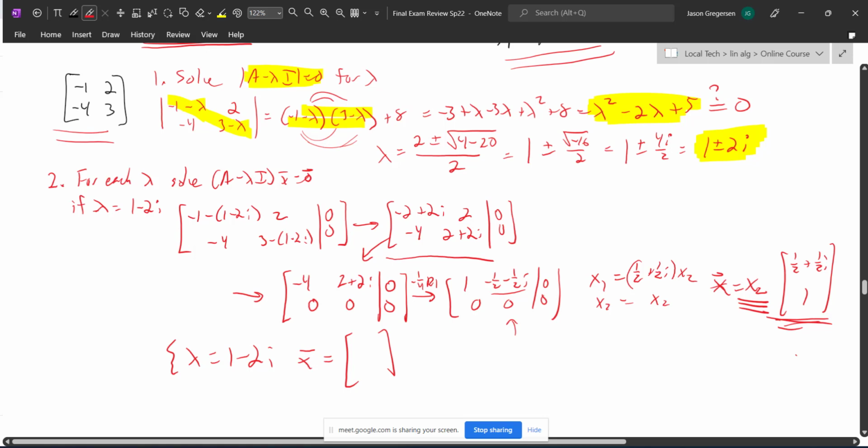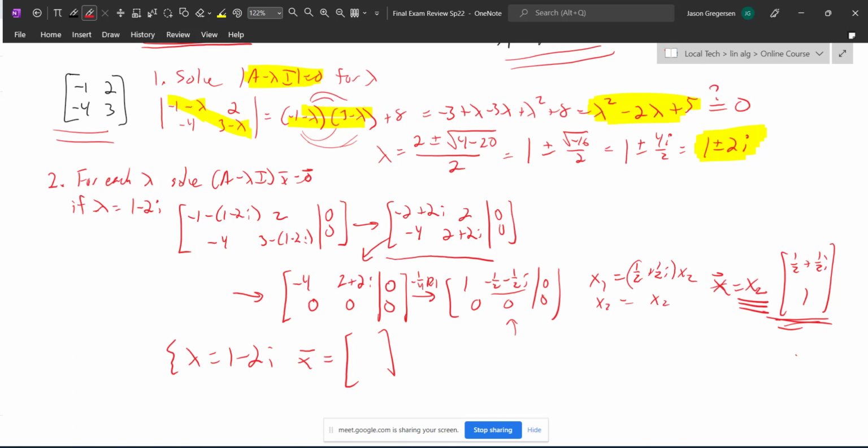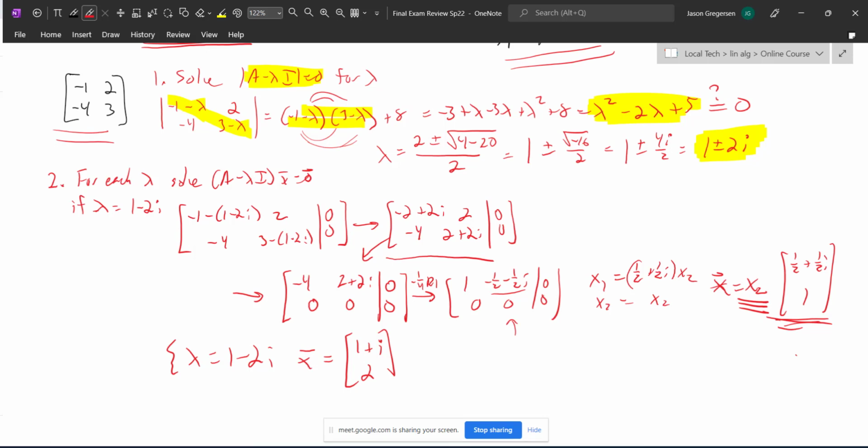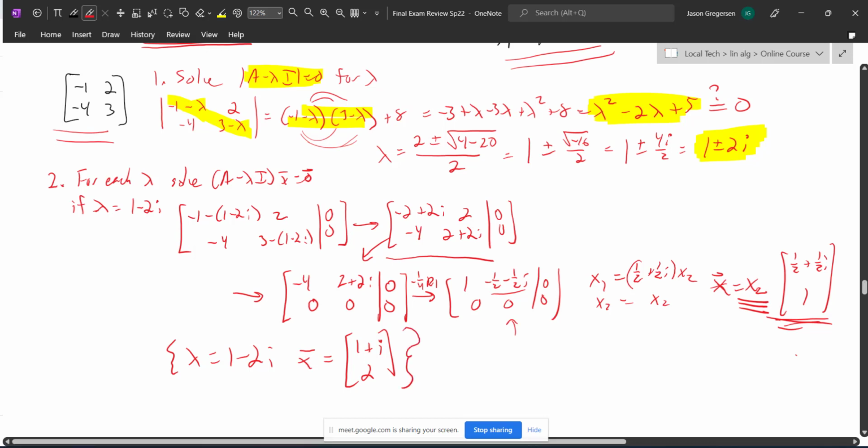And so when I look at that eigenvector, I kind of hate the fractions, so I'm going to choose to multiply that eigenvector by 2 to write it in a nicer form: 1 plus i and 2 in the second component. So I can multiply that eigenvector by a number to scale my fractions because I hate fractions. So that's my first eigenvector. Any questions about that first process? Please ask questions if you've got them.